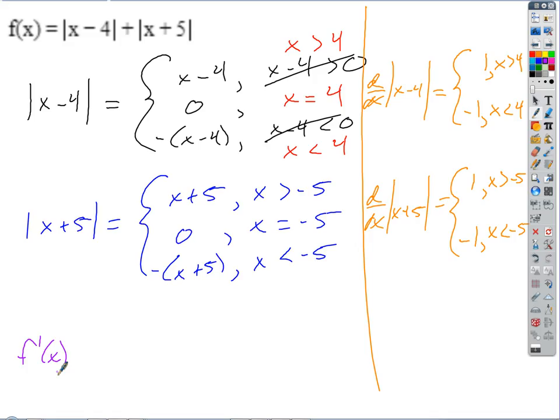Now, what are the intervals where the derivative is going to change? Look, the derivative of the first term changes at the value x equals 4. The derivative of the second term changes at the value x equals negative 5. So every place where one piece of this derivative changes, the sum is also going to change, because all we're doing is adding up these two things.